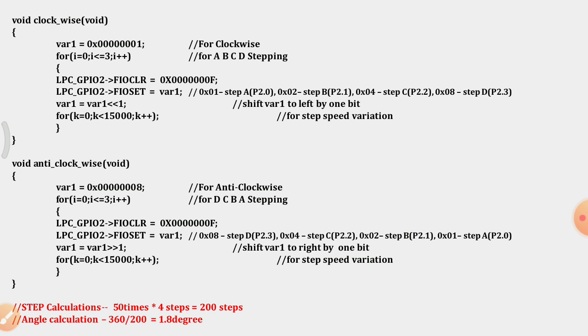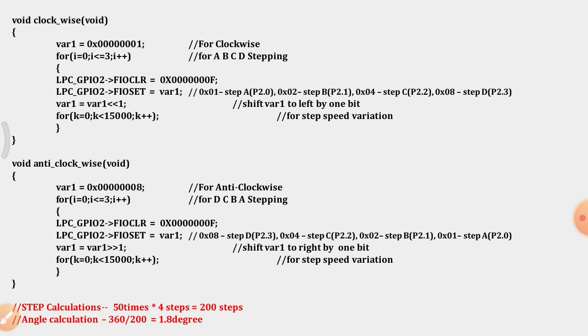Now the value becomes 01, that is step A, P2.0. So P2.3, 2, 1, 0. Step D, C, B, A. So now in this function the motor is rotating in the anti-clockwise direction. So these functions I am calling 50 times clockwise, after that again 50 times anti-clockwise.